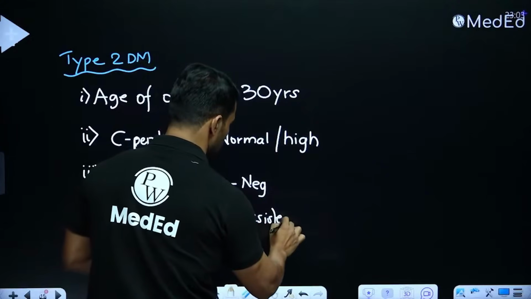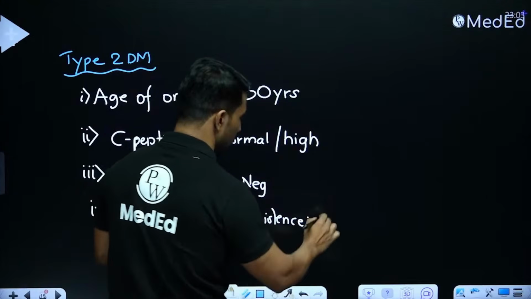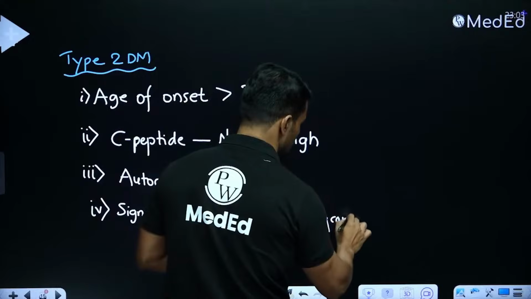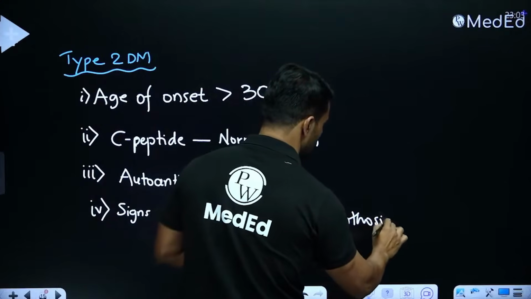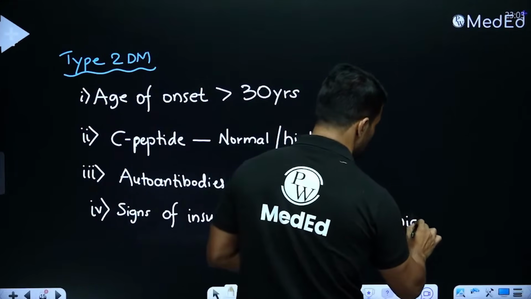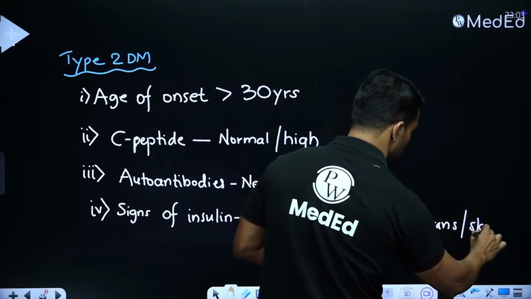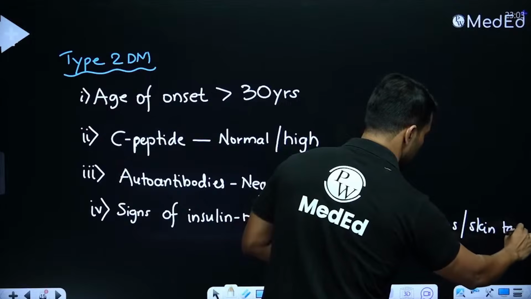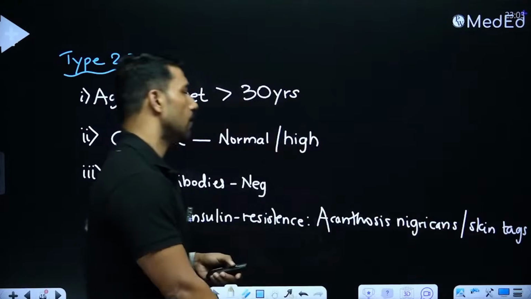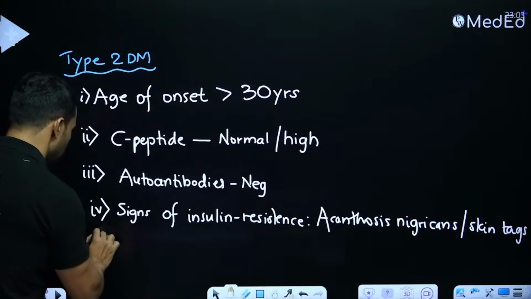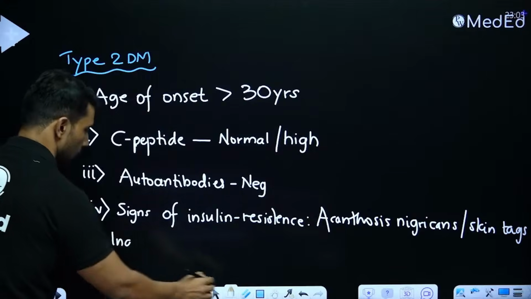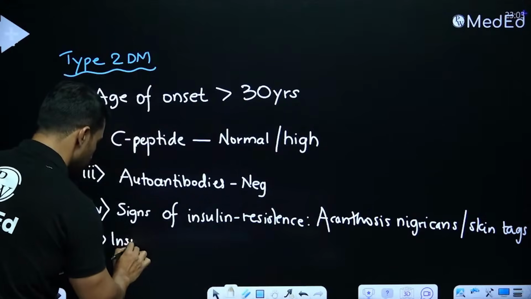So what are the signs of insulin resistance? Mainly acanthosis nigricans and presence of skin tags. Okay, then what about insulin dependency? Do I need to start the insulin right from the beginning?